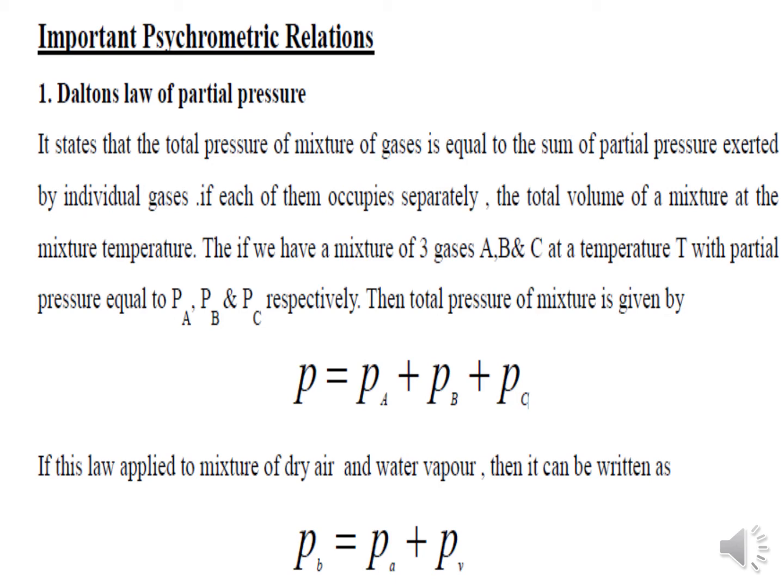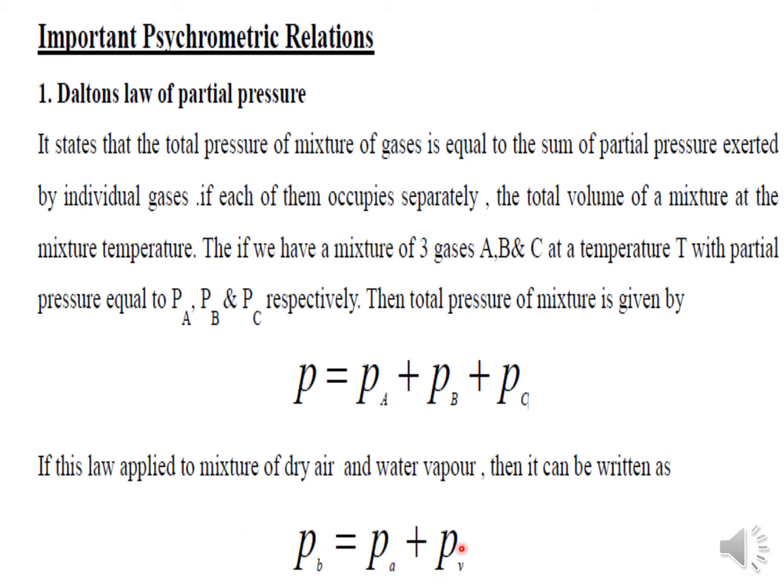How are we writing this? Based on Dalton's law of partial pressure. The total pressure of a mixture of gases is equal to the sum of partial pressures exerted by the individual gases. Here the individual gases are A, B, C, but in this expression PB is equal to PA plus PV.